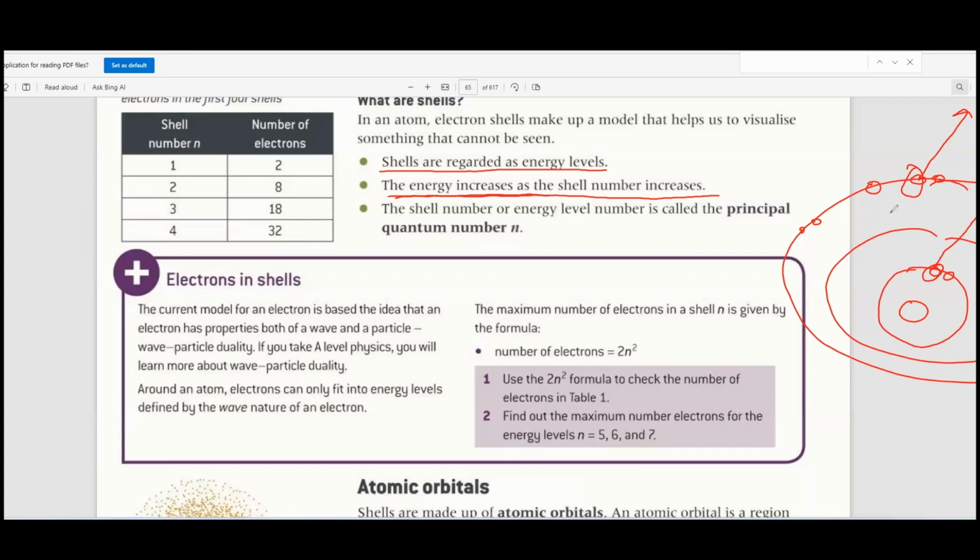You won't feel that energy, but if someone throws you out of the plane, you have greater gravitational potential energy because you are further from the Earth. If you remember the formula of gravitational potential energy, that was mgh. So if the height is greater, it will have more energy.